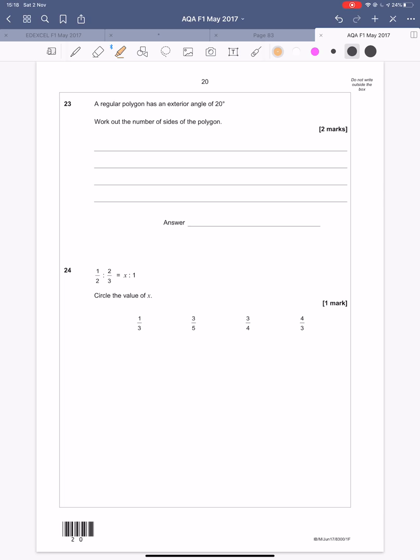Okay, number 23. A regular polygon has exterior angle 20. So if you imagine what's going on here, we've got this shape which goes round here. That's the interior angle. The exterior is what you get if you carry on.